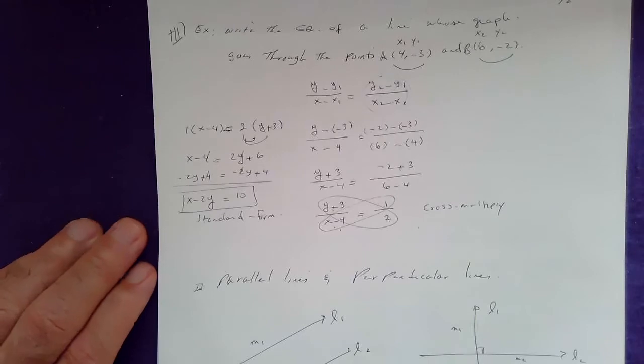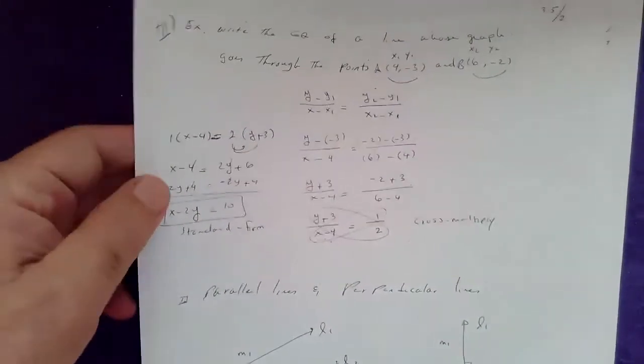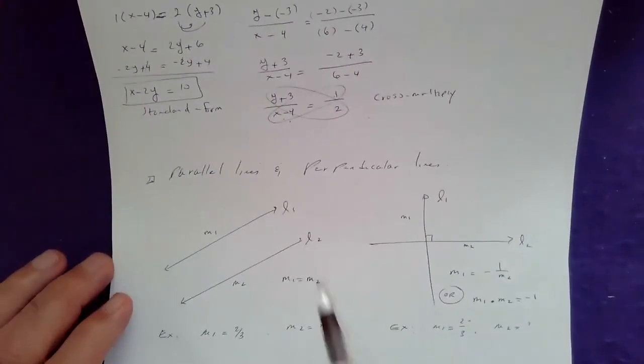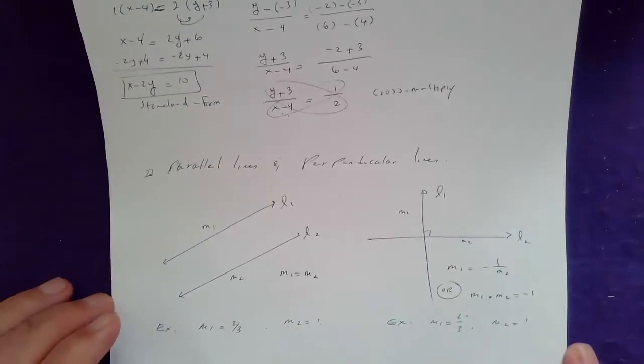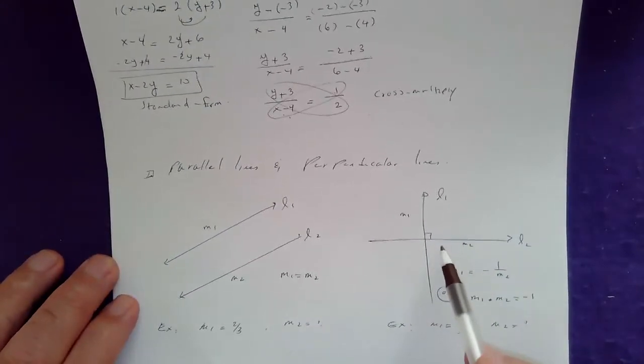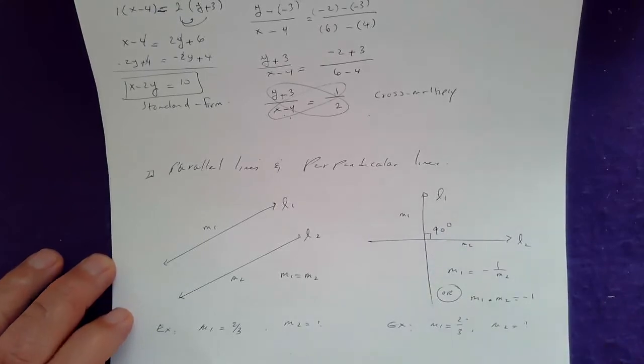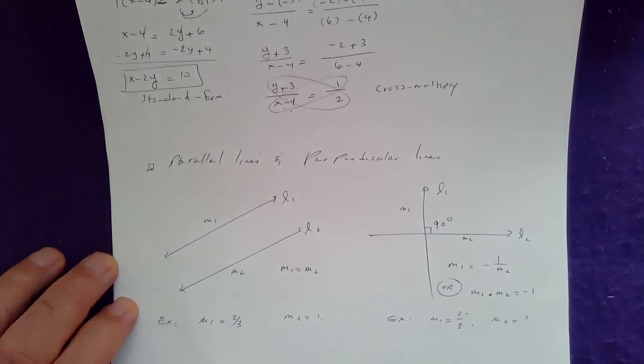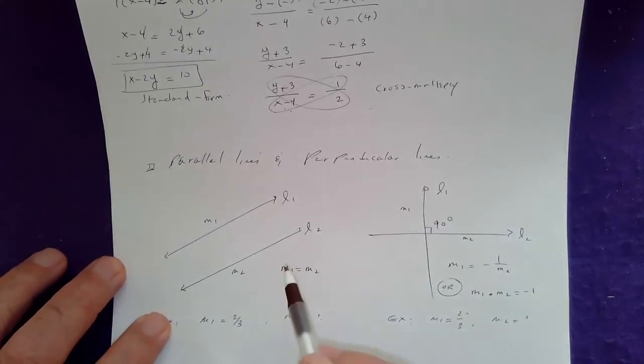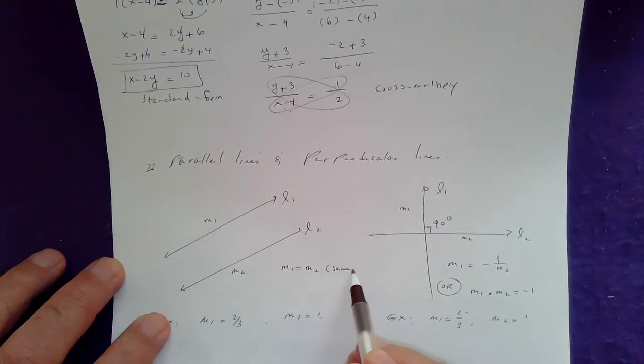All right. The next topic is, when do we say two lines are parallel? That means they never cross. Or perpendicular, they cross, but at what? A 90 degree angle, you know, perpendicular, like a cross. Turns out the definition is, two lines are said to be parallel if they have the same slopes.